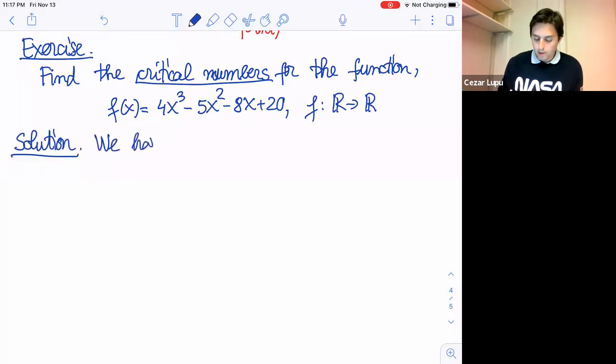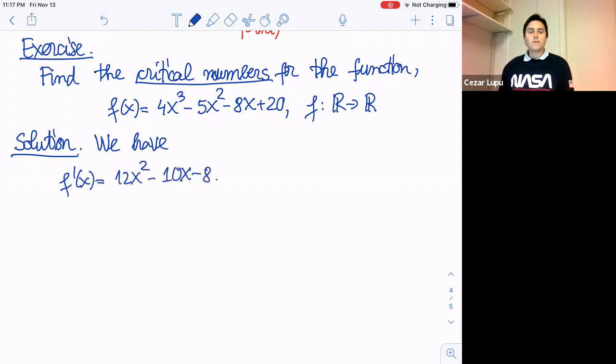And by doing so, we have that f prime of x will be nothing else than just 12x squared minus 10x minus 8. Of course, the derivative will always be a quadratic function, right? The degree of the function will decrease. And clearly this guy is also a polynomial, just like I said. So f prime is defined for all real values of x.